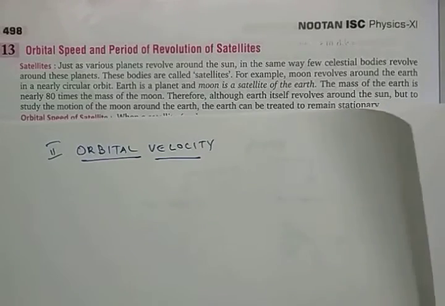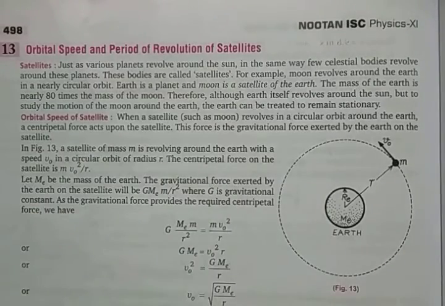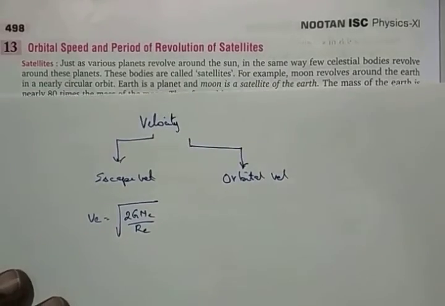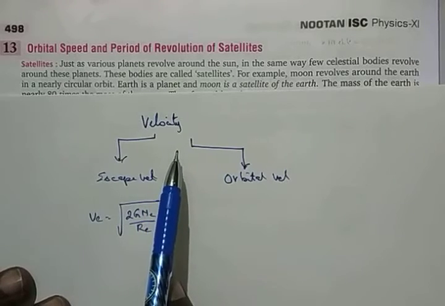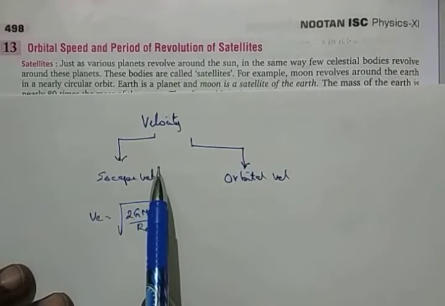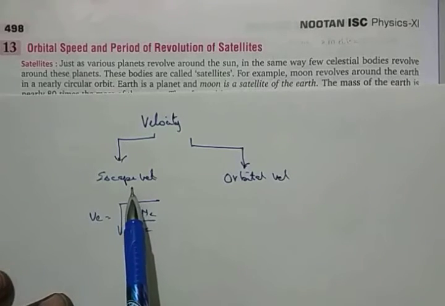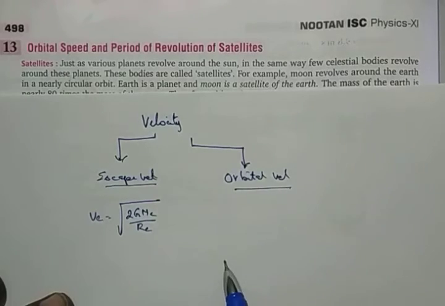Before getting into the point of orbital velocity, I'd like to give a quick recap on what we did about the velocities. Whenever a rocket goes up above the surface of Earth, there is a need of two kinds of velocities. One is escape velocity, next one is orbital velocity.